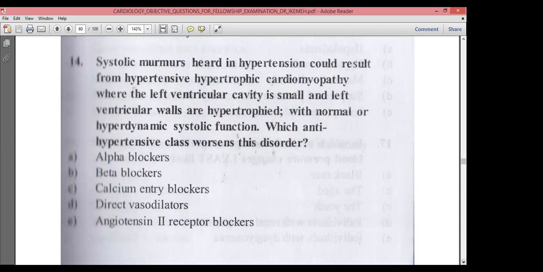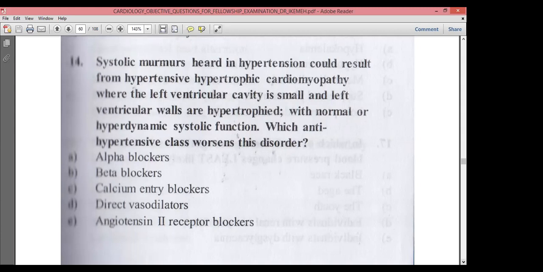Okay, so this one. Generally, in people with hypertrophic cardiomyopathy, you don't want to use peripheral vasodilators, okay? Because when they reduce the peripheral vascular resistance, they tend to worsen the outflow tract obstruction.